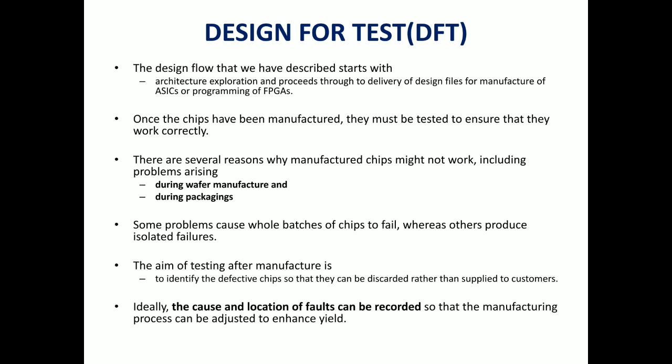Because instead of directly selling to the customer, we should make sure the IC is working fine. The aim of testing after manufacturing is to identify the defective chips so that they can be discarded rather than supplied to customers. Ideally, the cause and location of faults can be recorded so that the manufacturing process can be adjusted to enhance it. This is the main reason.